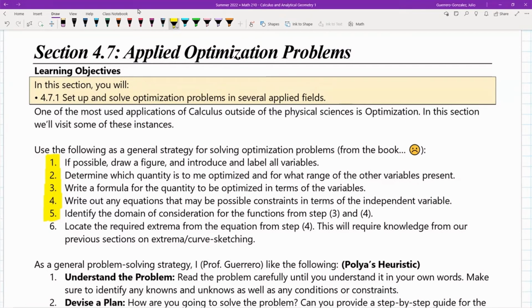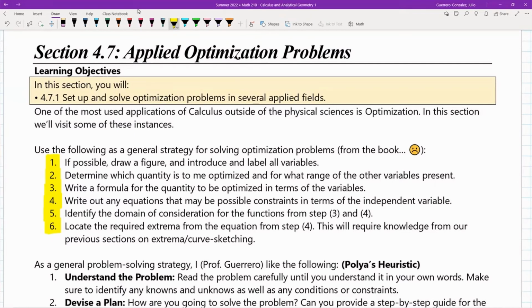And step 6 is what's going to use the stuff that we learned from sections 4.3, 4.4, 4.5 in order to solve this. We are going to try to find required extrema, whether it be maximums or minimums. Once we do steps 1 through 5, step 6 is basically finding the extrema, finding whether you have a maximum or a minimum and what it is.